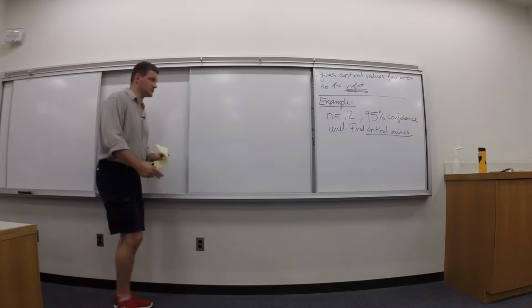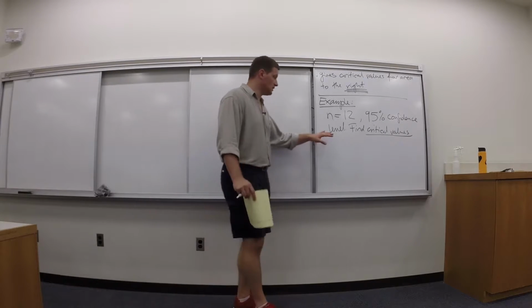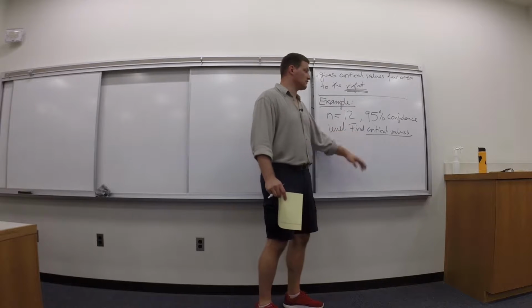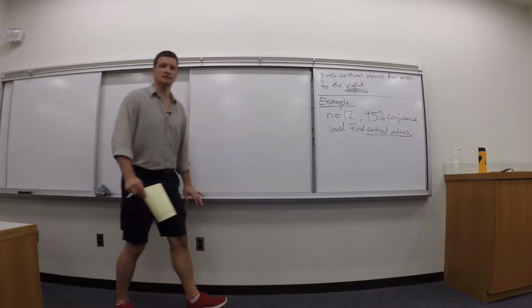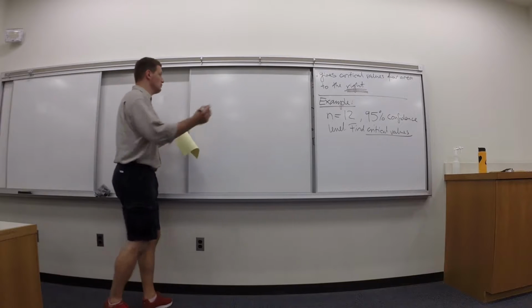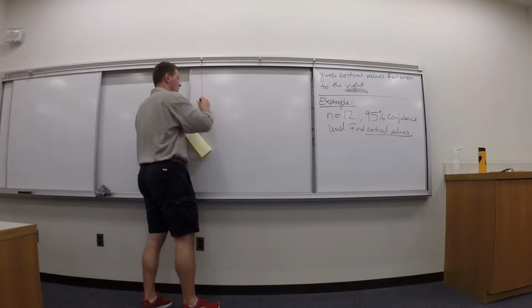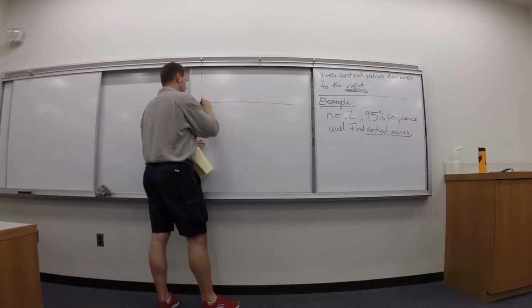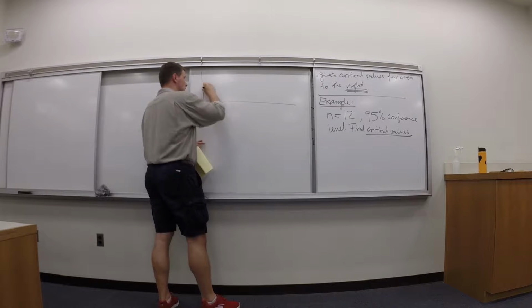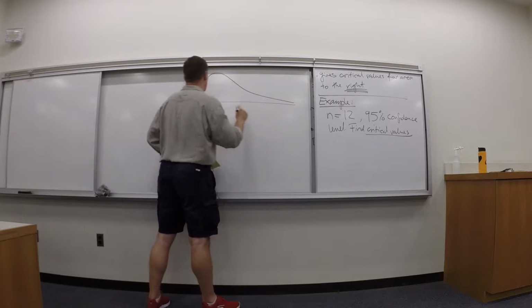So sample size 12, confidence level 95%, find critical values. Easy enough, right? So we do it the way we always have been doing, which means we start with a picture.